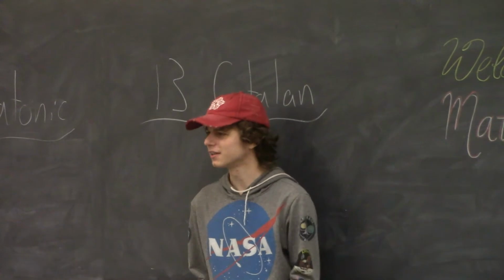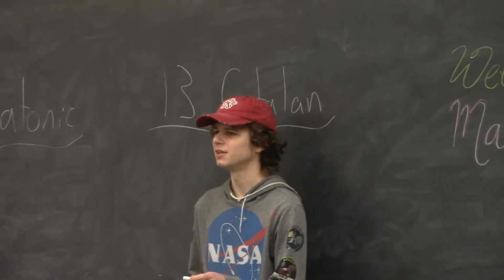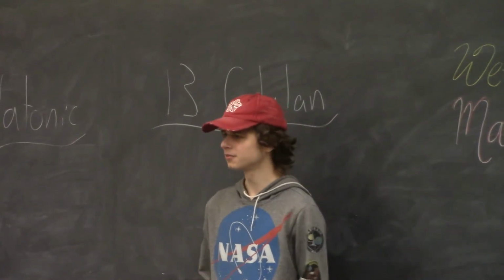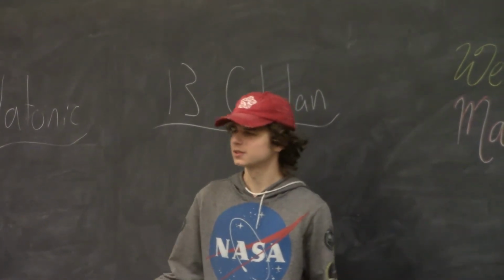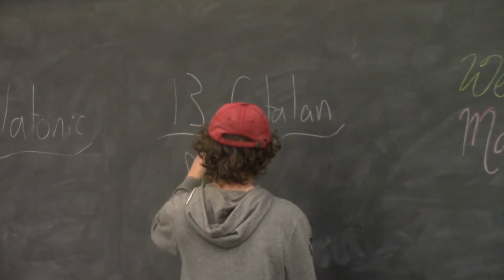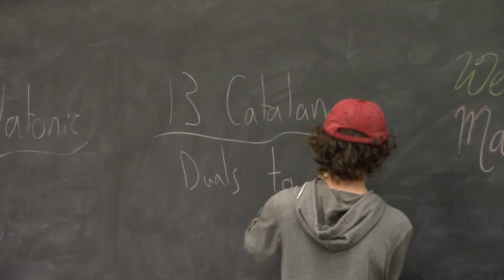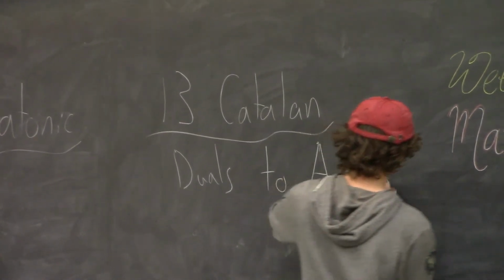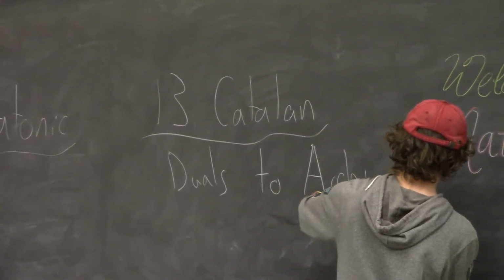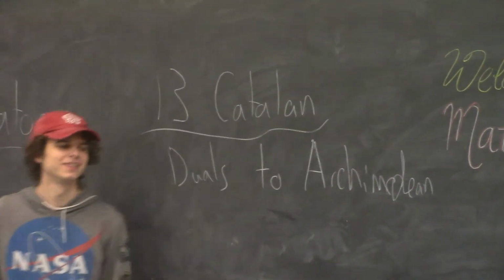So a good way to think of them is the Archimedean solids are defined as being vertex transitive. So just take their duals. So these are the duals to the Archimedean solids, which are easier to think of.